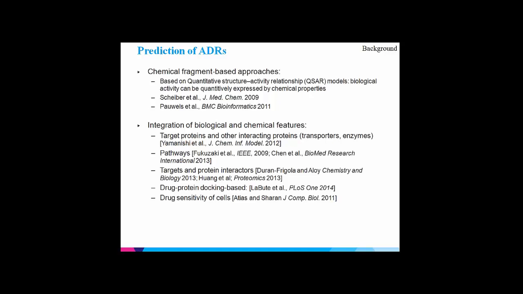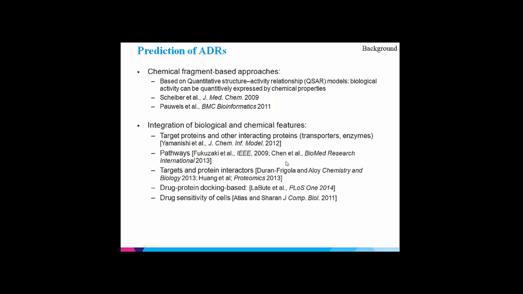And more recently, people started to integrate biological features into those chemical-based models, and people have also shown that the integration of biological features can improve the predictability of ADRs.